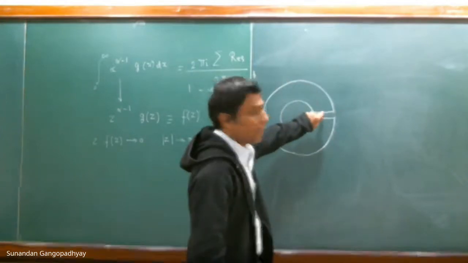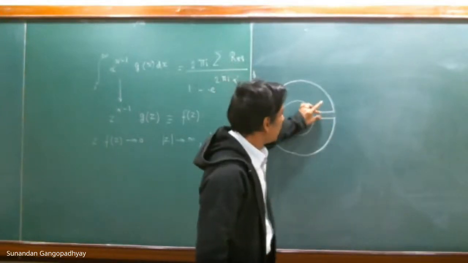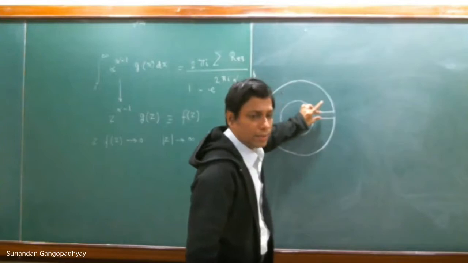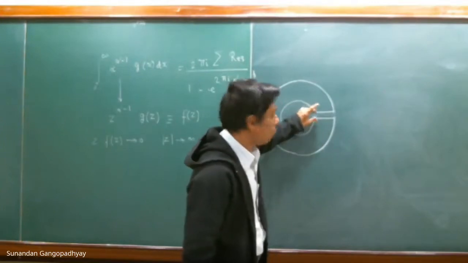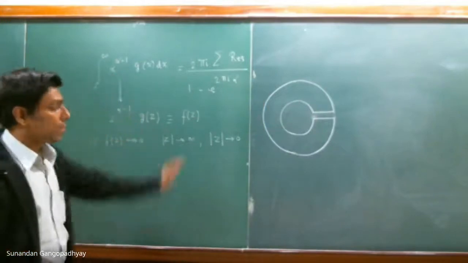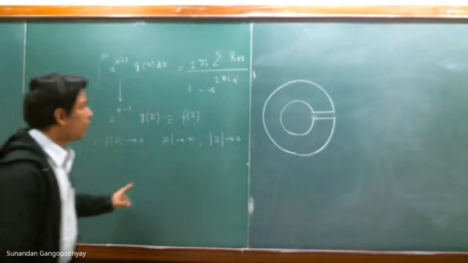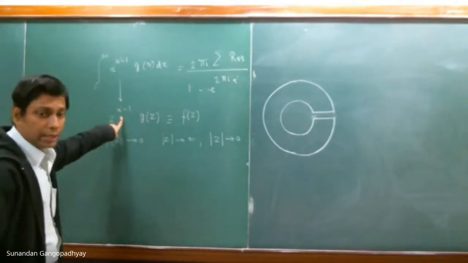So I make a cut. This is the real axis. This width is actually very small, but I've just zoomed it for you so that you can get a look at it. So this is the contour. The important point is that alpha is not an integer.